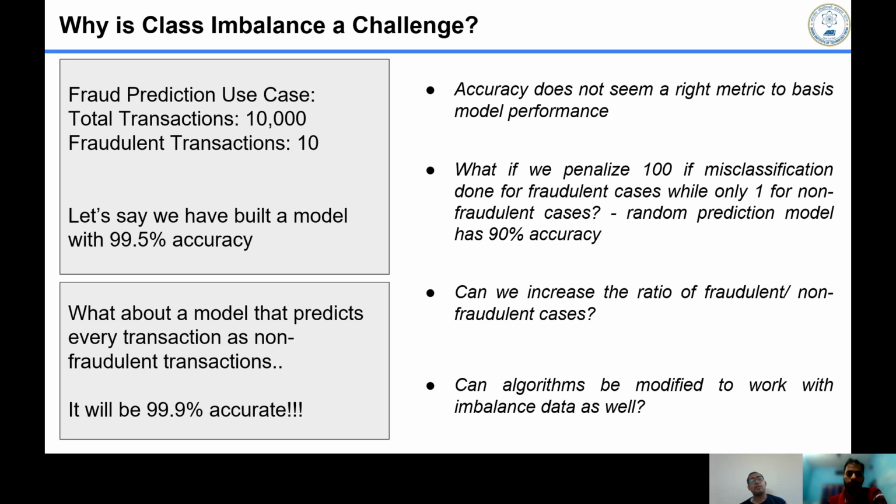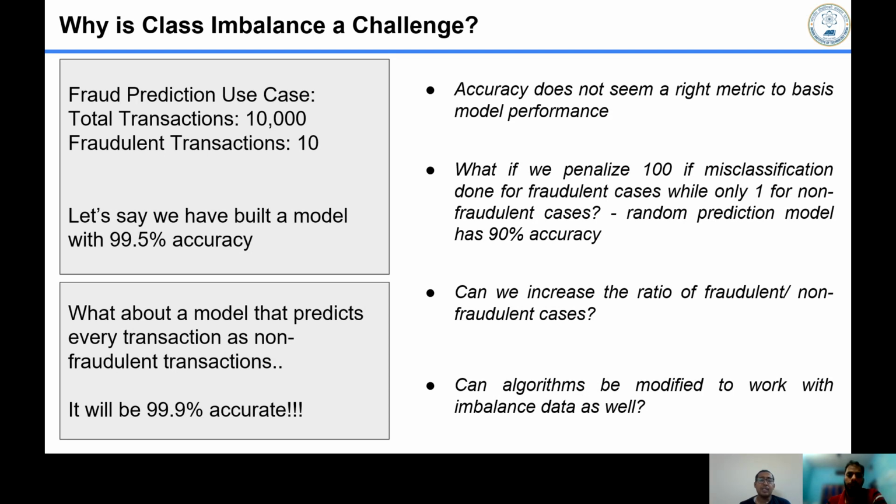Now, we can think of something that can help us in handling the situation better. So we found that accuracy is not a good metric to base our model performance on. So can we then think of some other measures that work fine even in the case of class imbalance situation? Also, while computing accuracy, the misclassification cost considered was the same for both fraudulent and non-fraudulent cases. But from business perspective, identification of fraudulent cases is of higher importance than of non-fraudulent ones.